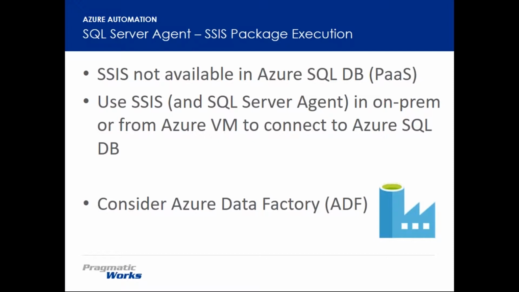It's just a matter of where we are running SSIS from. We can continue using SSIS from an on-prem instance, or if you want, we can use IaaS, which is SQL Server running within a VM. The SQL Server instance in that VM could be running SSIS and pulling from and writing to those Azure databases.